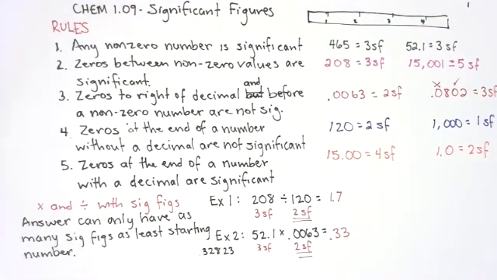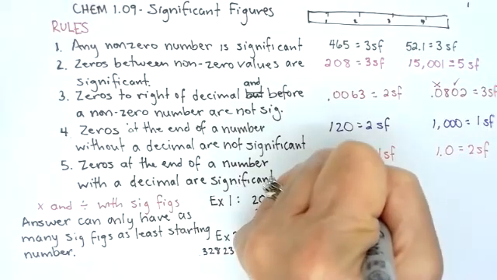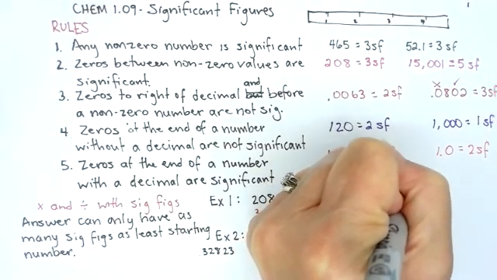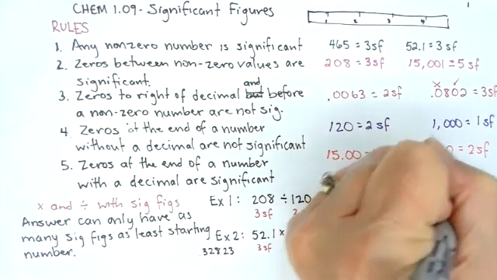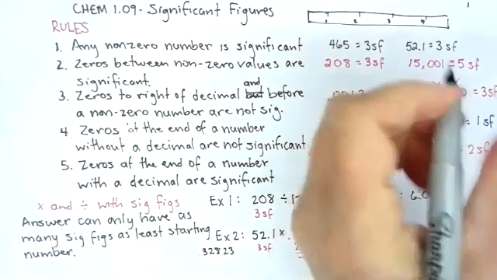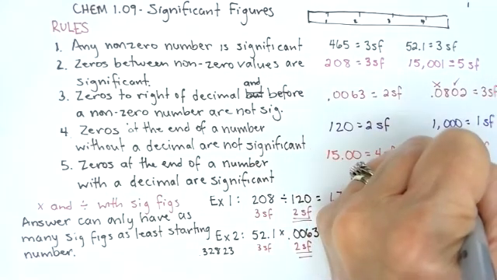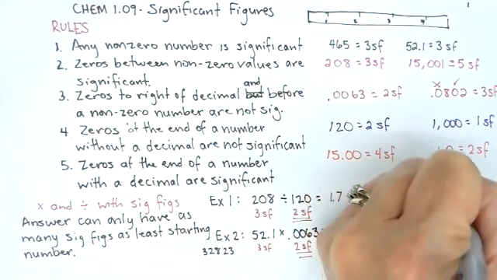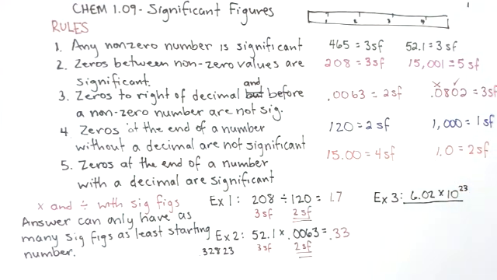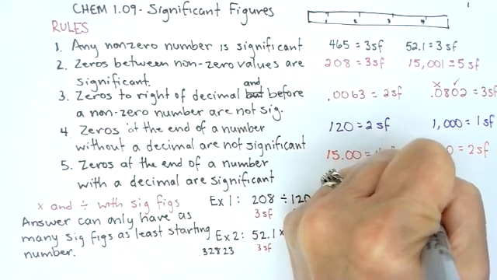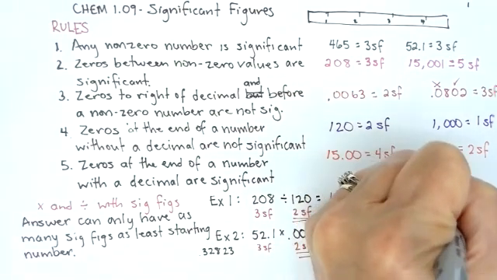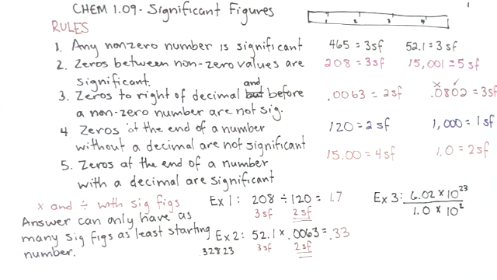All right, let's do one more sample problem. Let's take 6.02 times 10 to the 23rd. Let's divide that by 1.0 times 10 to the second.